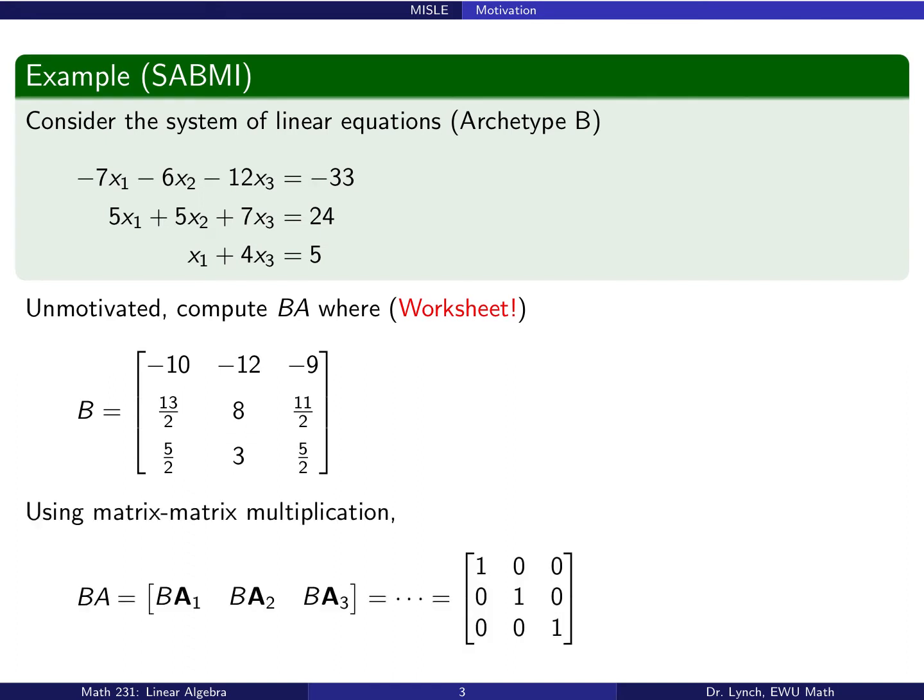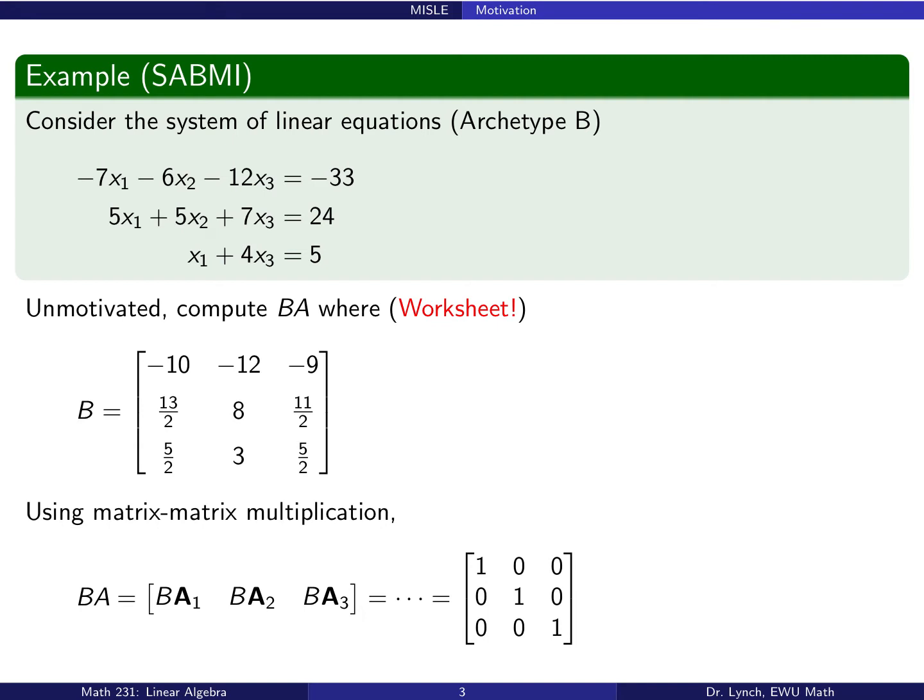Okay, so here's what you should get. You should get a really interesting matrix, a matrix with ones on the diagonal and zeros elsewhere, which we know is called the identity matrix. Okay, so again, this is just matrix multiplication, linear combinations of the columns of B with those different columns of A.